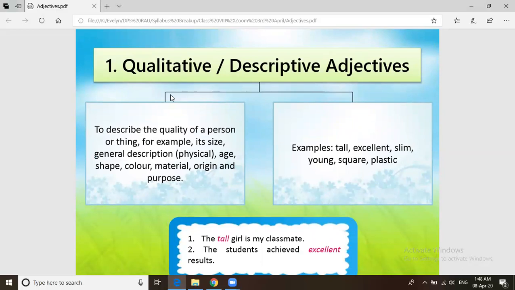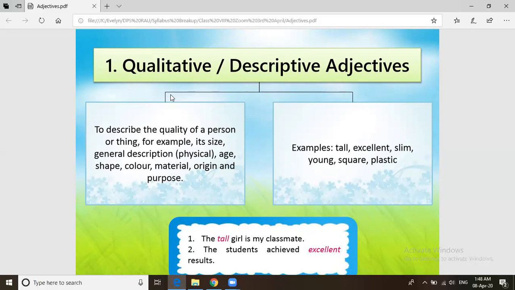So the first kind, the easiest kind, is the descriptive adjectives, the qualitative adjectives. The qualitative adjectives are used to describe the quality of a person or a thing. In various aspects, you can describe something by using a general description, say good, bad, or pretty, ugly, the physical description of something.